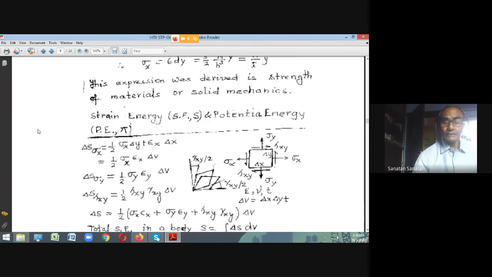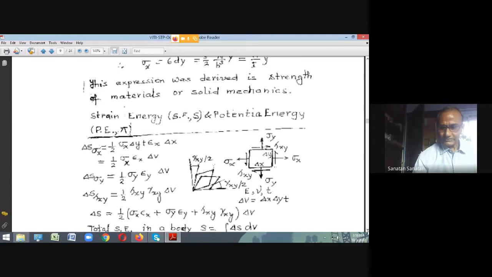So that's the rotation of the vertical edge. Rotation of the horizontal edge is also by gamma xy by 2. So these are the angles of deformation. So therefore, the strain energy due to this is calculated by half tau xy into gamma xy into delta volume.